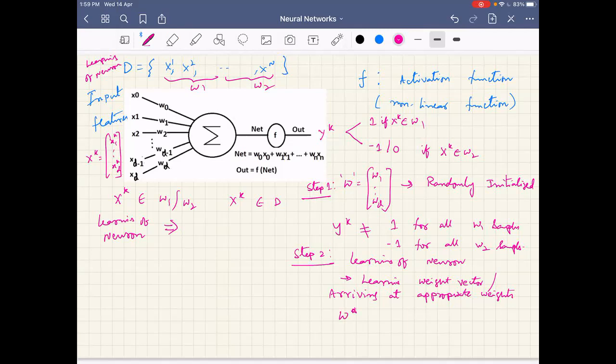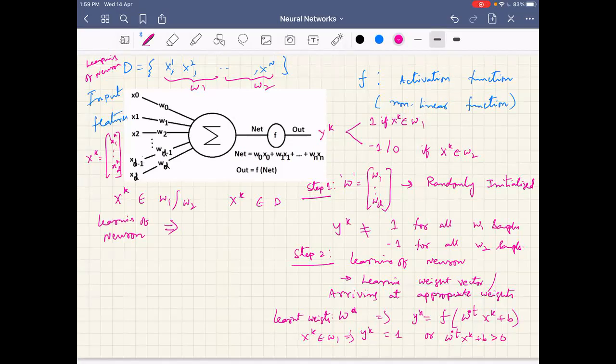W star, after we learn it, the learned weights, W star will enable us to put Yk equal to F of W star transpose Xk plus B. For all class 1 samples, if I give Xk belonging to class 1, if it is very well learned, it implies that Yk is equal to 1, or W transpose Xk plus B is greater than 0.